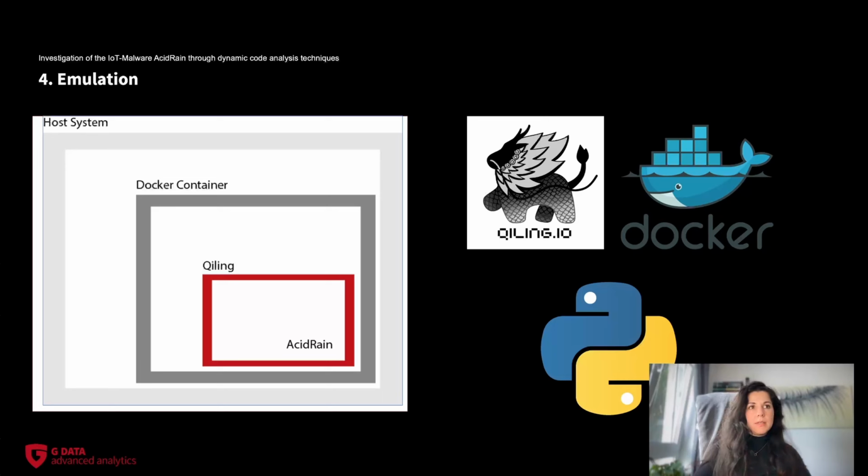And Qiling stands out as a significant cross-platform emulator, and it ensures syscall emulation and effectively isolates the emulation from the host environment. So this means when AcidRain runs in Qiling, it cannot affect our host system. It cannot wipe our host system. And yeah, this is what we want.